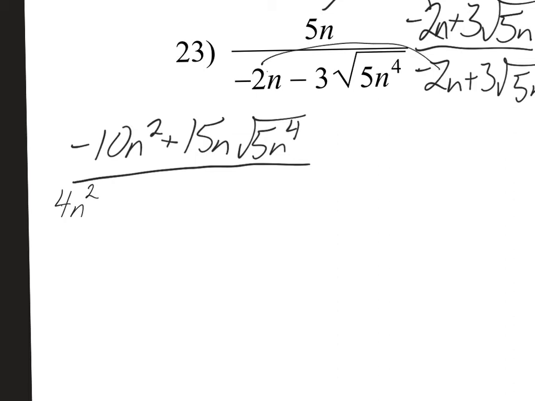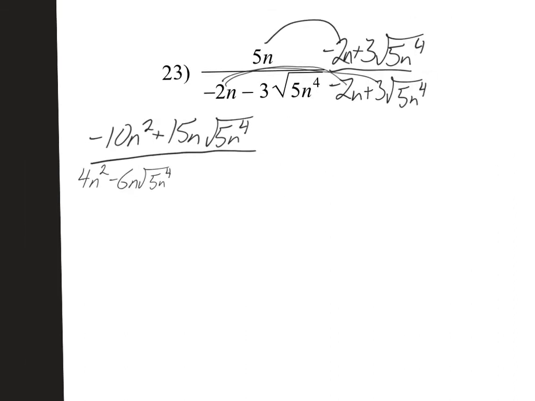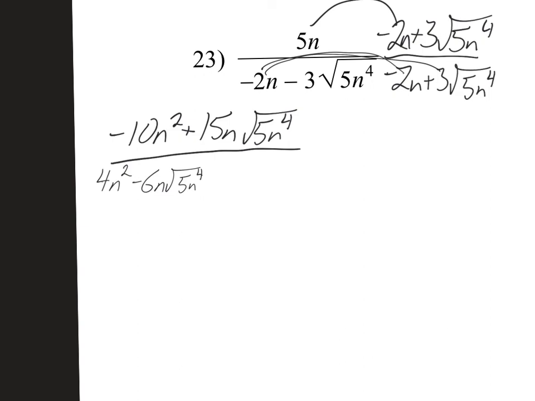Okay, so that part's done. The next part, negative 6n radical 5n to the 4th, right? Yep. Plus, because 3 times negative 2, so that is plus 6n radical 5n to the 4th, minus 9 radical 25n to the 8th.